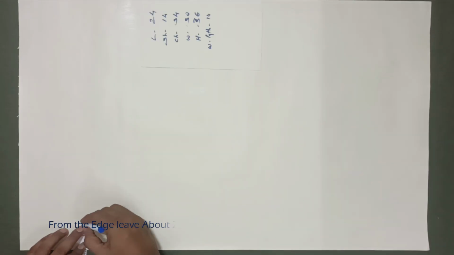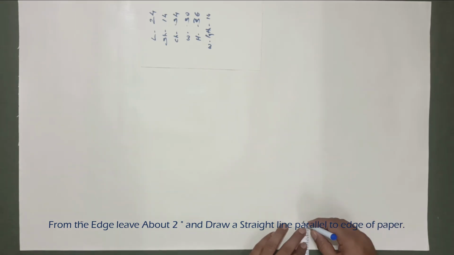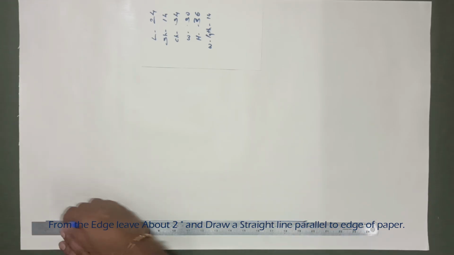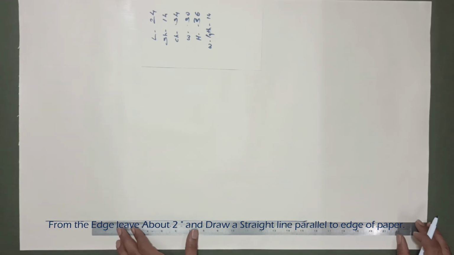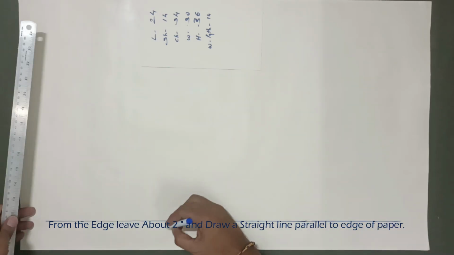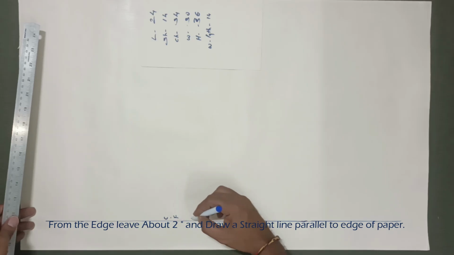From the edge, leave about 2 inches and draw a line. This is the center front line.